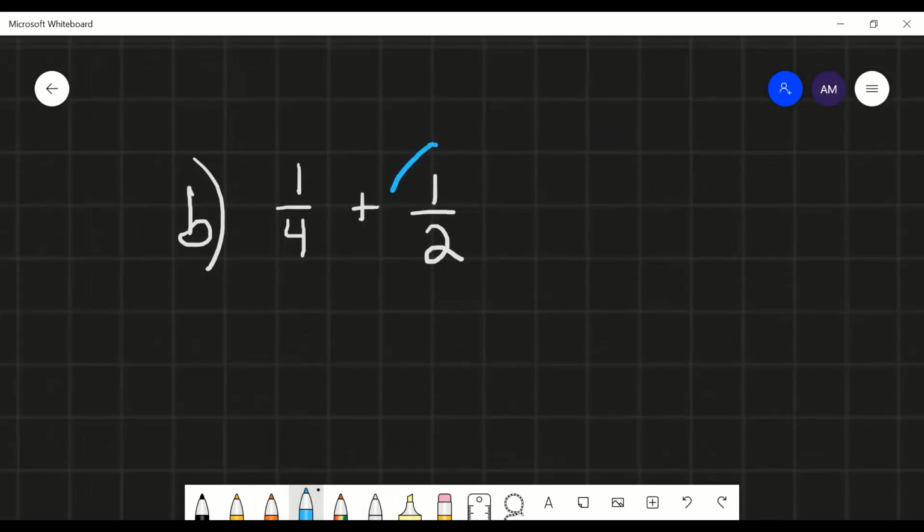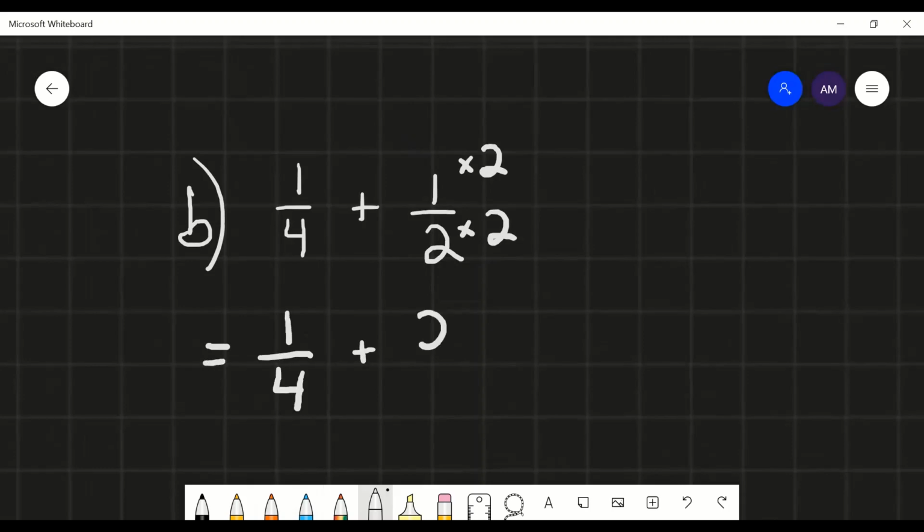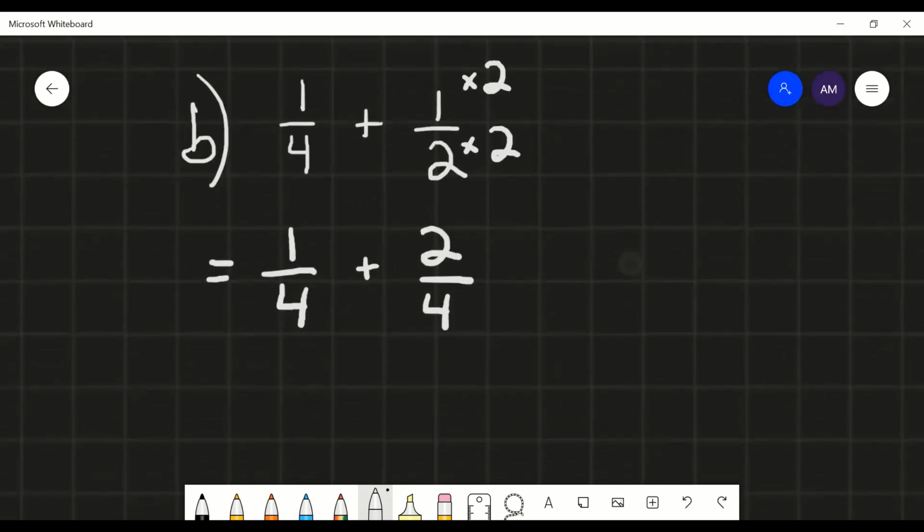I'm going to draw my attention to the second fraction here, because if I were to multiply the top and bottom both by 2, and we said multiplication was allowed, this then becomes, and I'll write it down here, 1/4 plus 1 times 2 is 2, 2 times 2 is 4. And now this is okay.